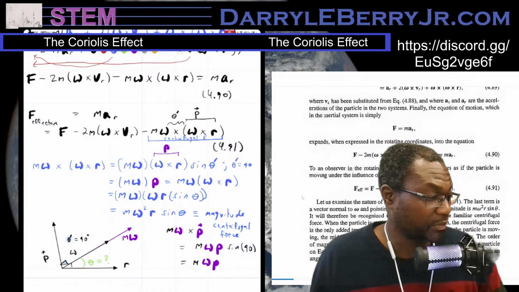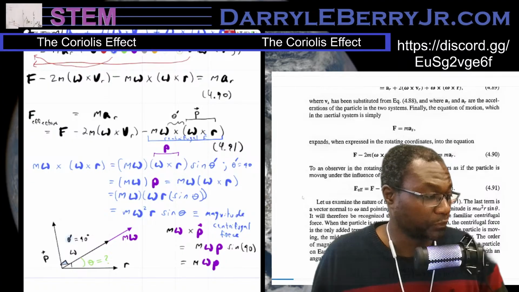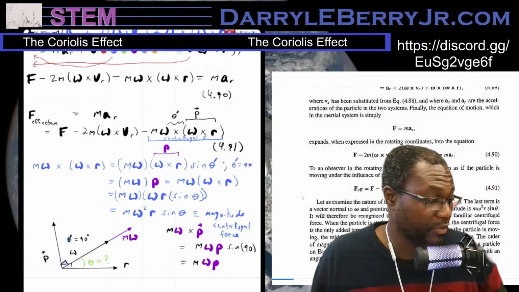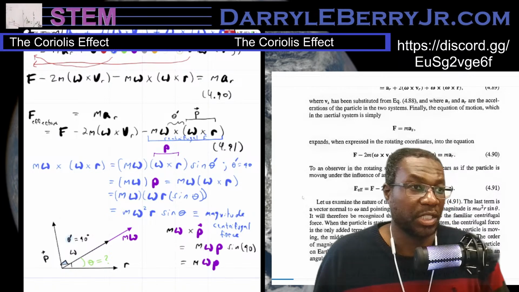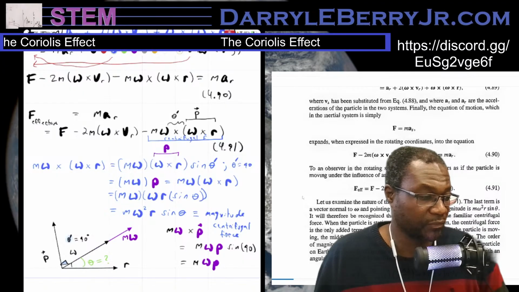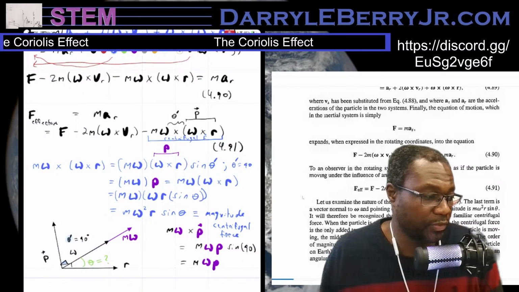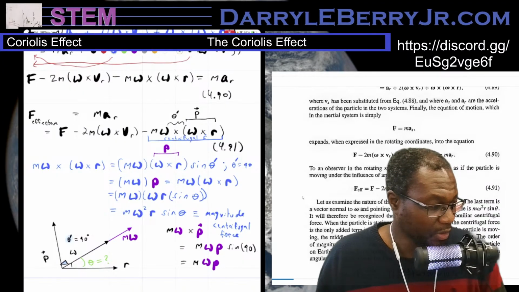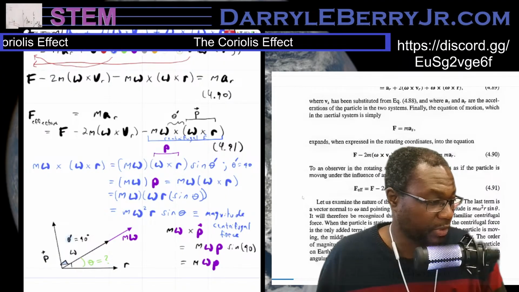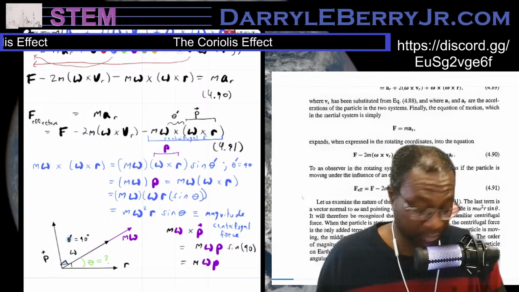When the particle is stationary in the moving system, the centrifugal force is the only added term in the effective force. So in other words, if you're stationary on the surface of the Earth, then the centrifugal force from the spinning of the Earth is the only force you'll feel, notwithstanding the movement around the sun. But we're just talking about the rotation. However, when the particle is moving, the middle term, known as the Coriolis effect, comes into play.